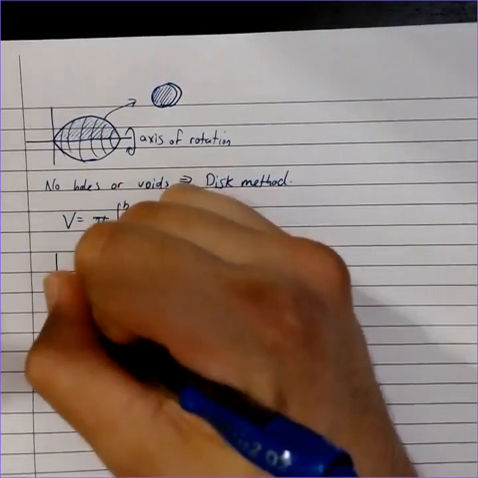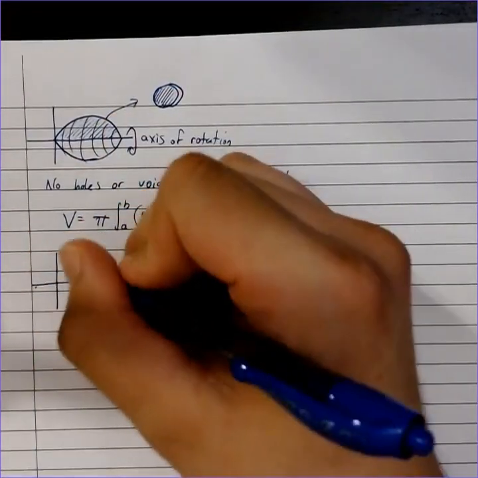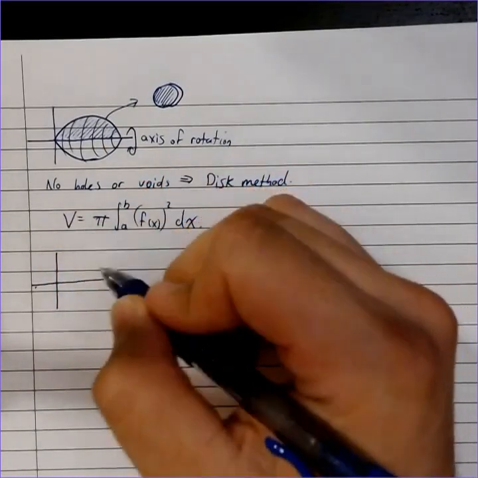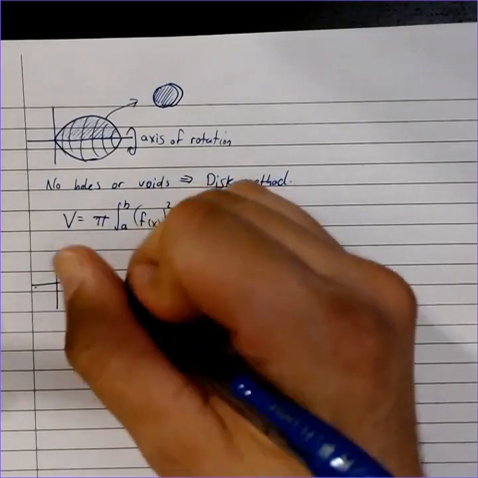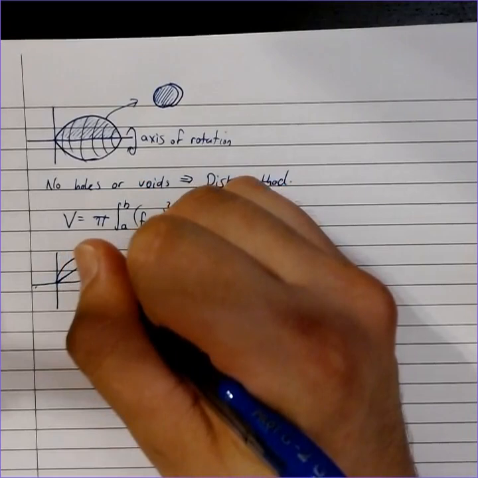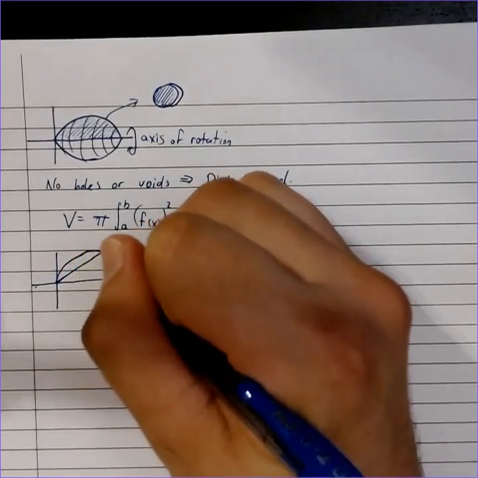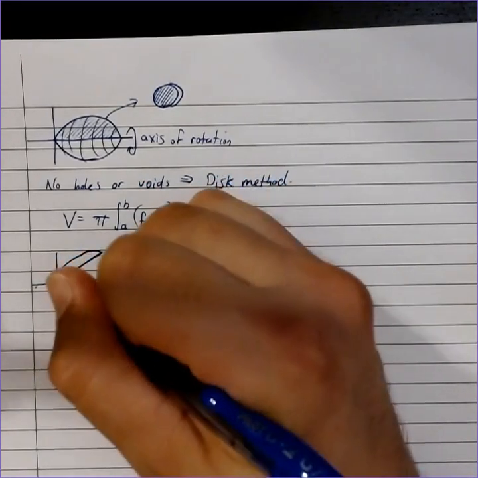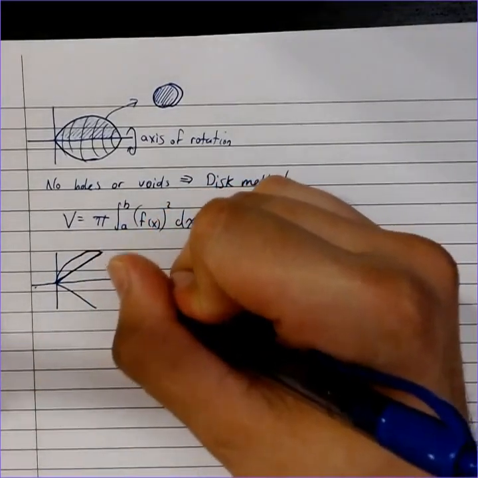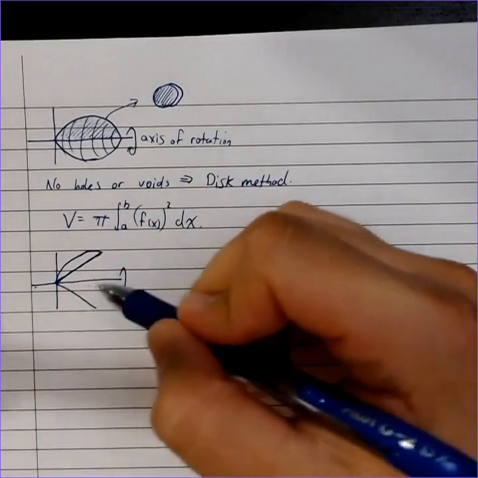On the other hand, if you have an object where there is a void, where there is some empty space in the middle, note that the empty space doesn't have to go all the way through. It can be somewhere in the middle. So for example, like this. Here, notice it does touch my axis of rotation, but there's some places where it touches and some places where it doesn't.